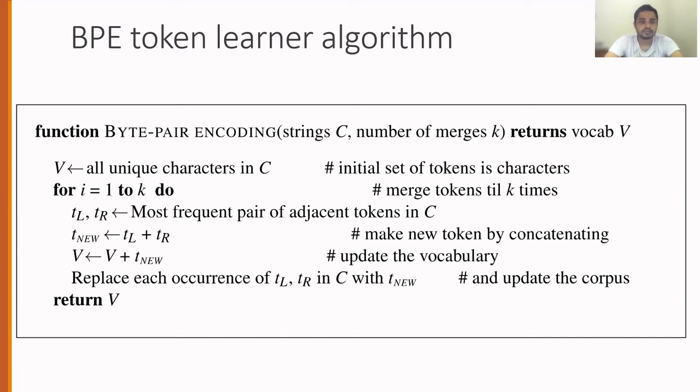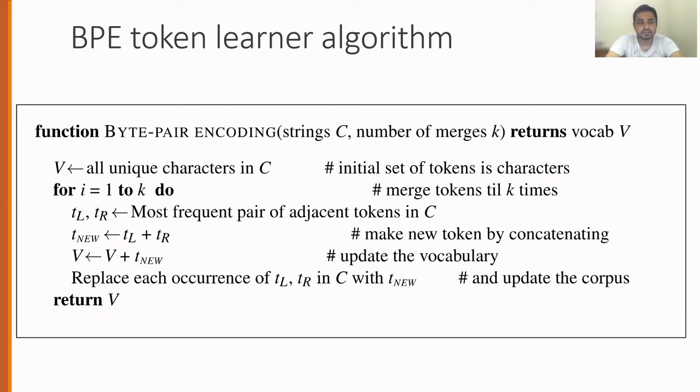This is a basic pseudo program of the BPE learning algorithm. As you can see, it does all of the three steps as mentioned before. The first step is to initialize a set of tokens with the characters. And the second step is to make a new token by concatenating and then update the vocabulary. We'll do this k times, and after that, we'll update the corpus.